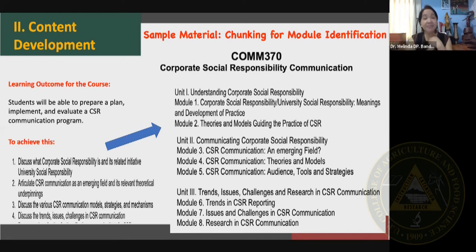So, to achieve that particular outcome, ito yung inilagay ko na mga objectives or specific learning outcomes for the course. For them to be able to do that, kailangan alam nila what corporate social responsibility is.